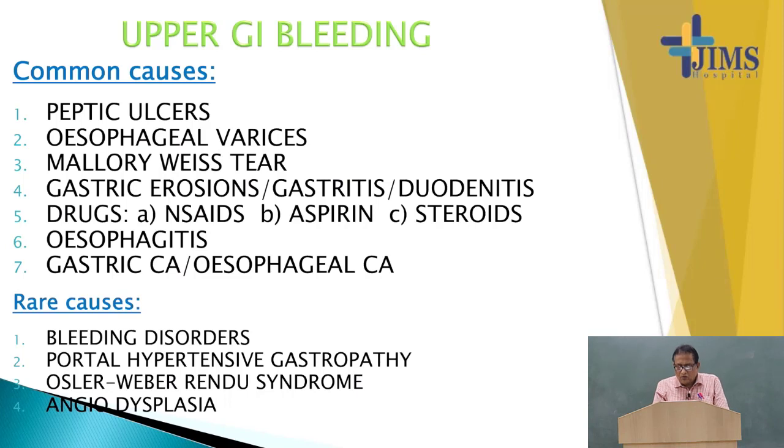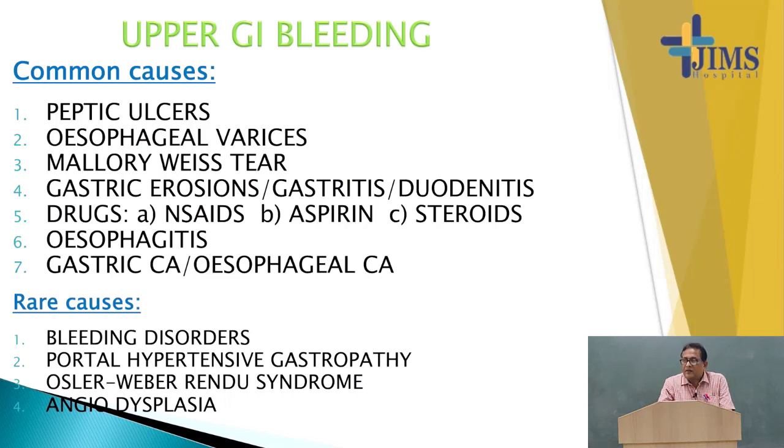So these are the common causes of upper GI bleeding. I want to repeat: peptic ulcer, esophageal varices, Mallory-Weiss tear, gastric erosions, drugs, NSAID, aspirin, esophagitis, gastroesophageal reflux, gastric carcinoma, and esophageal carcinoma.